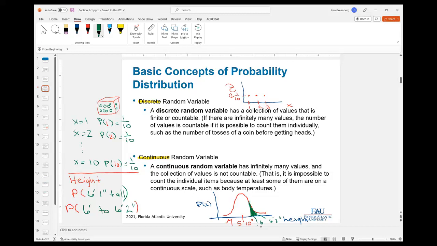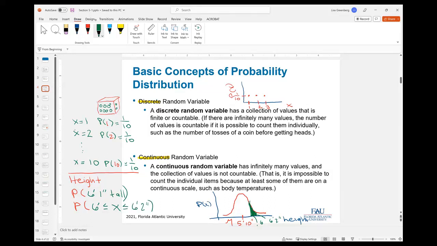A better way to write this, actually, let me rewrite this. I'm still going to say between 6 foot and 6'2", but I would write it as the probability that 6 foot is less than or equal to X, which is less than or equal to 6 feet 2 inches.